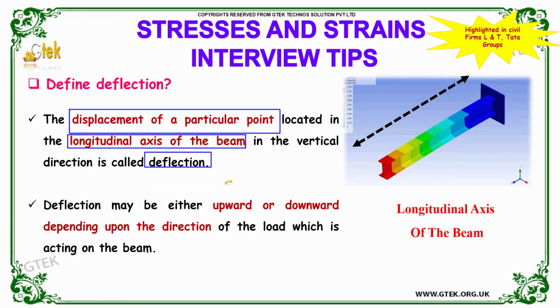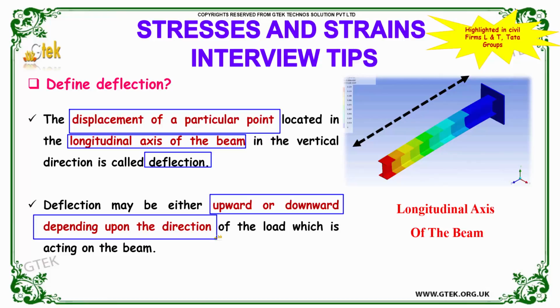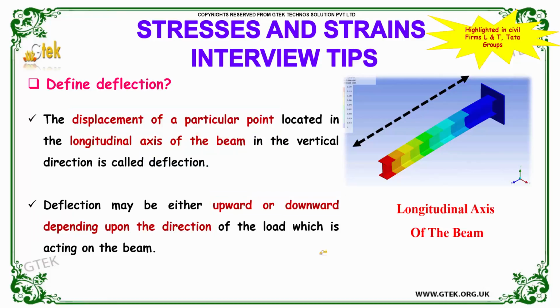The deflection may be either upward or downward depending upon the direction of the load which it is acting upon. So it can be upward or downward depending upon the direction of the load.